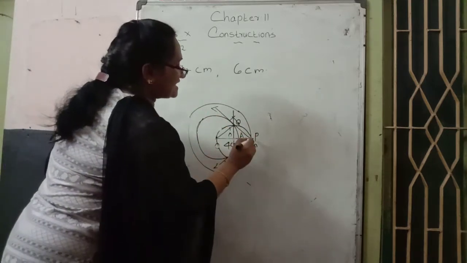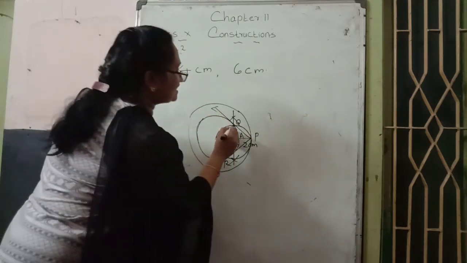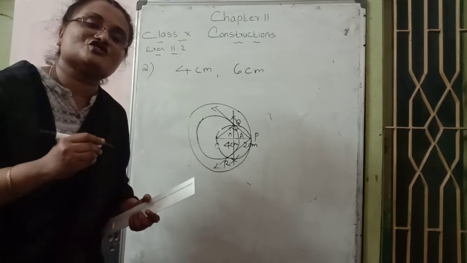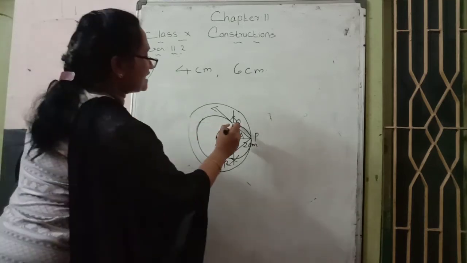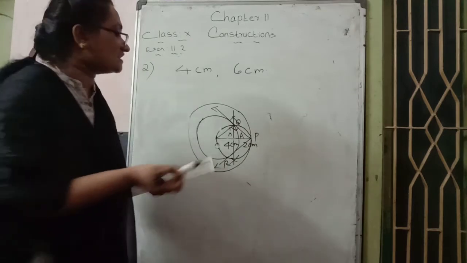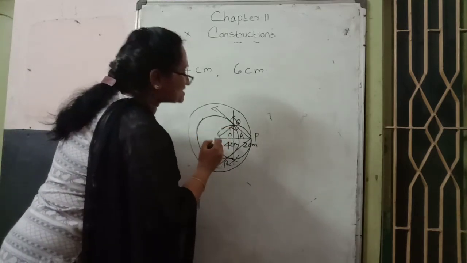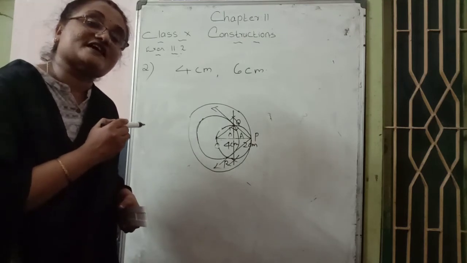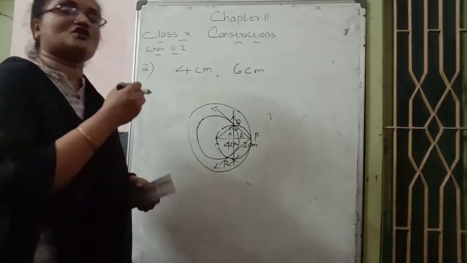Then the radius and the tangent make how many degrees? 90. That's why at vertex Q we can mark 90 degrees. Look, OPQ is a right angle triangle. In a right angle triangle, the side opposite the 90 degree angle, that is the OP side, represents which side? The longest side, that is the hypotenuse.